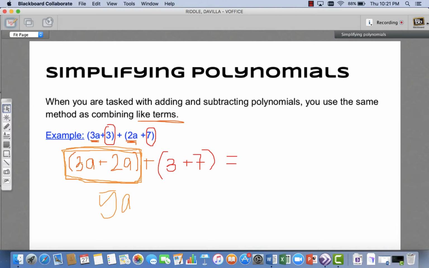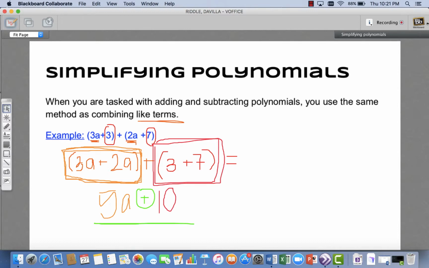And then next, we just do 3 plus 7. And what would that give us? Perfect. And what sign goes in the middle, right here? A plus or a minus, perfect. So our answer is 5a plus 10. Great job.